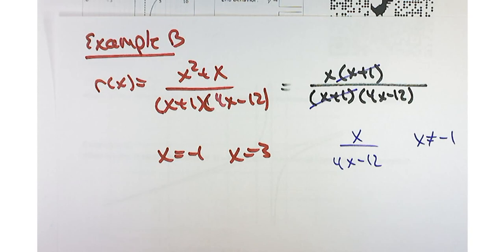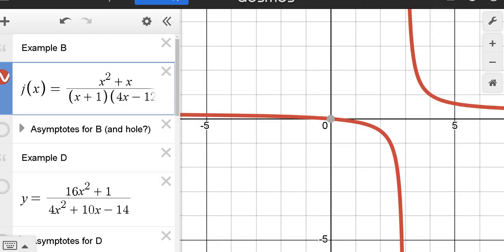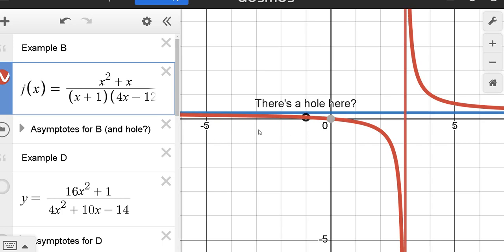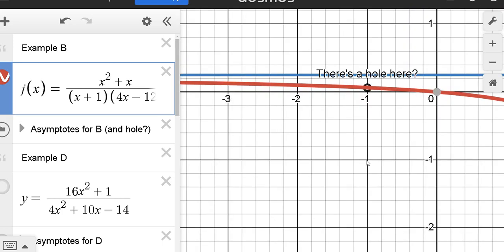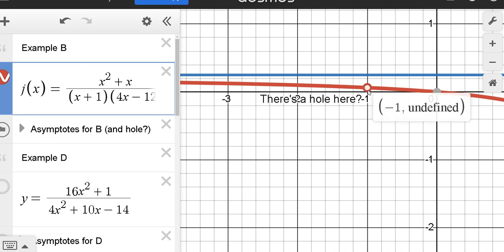And that's why you're seeing that hole in your graph right here at -1. And I've kind of made it a little bit more dramatic here. So yeah, there is a hole. And if you cursor over it just right, you'll see that. Now, it's hard to get that to show up on your graphing calculator. It takes a little finesse. I'm not going to ask you to worry about it.